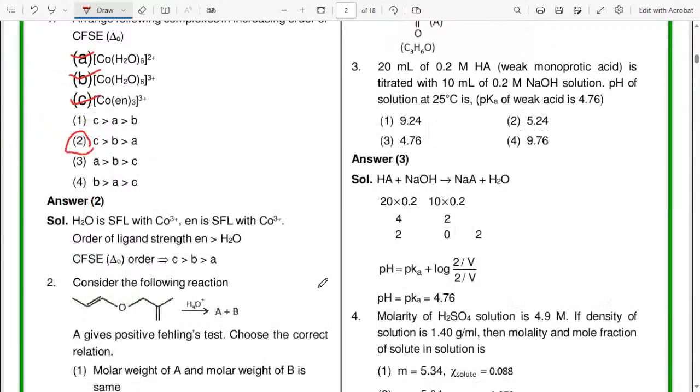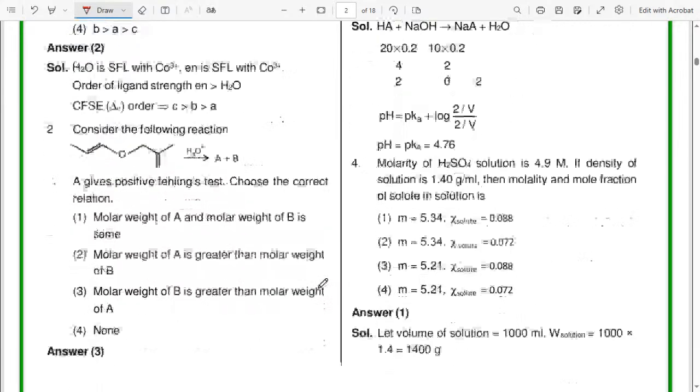Right students, let us see the next question, number 2. Consider the following reaction. This is vinyl alcohol, right? Vinyl alcohol is going to be like this, but this vinyl alcohol is going to stabilize like this. How?